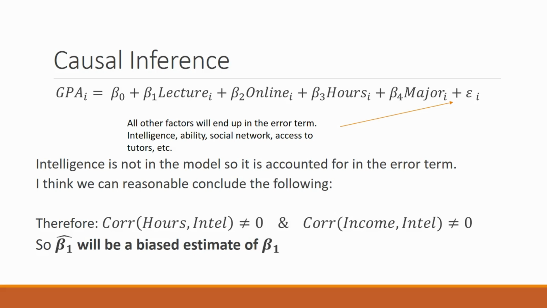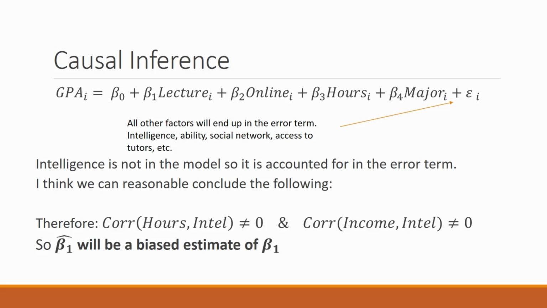It might be that individuals with higher IQ study less because they need to study less. Or it might be they study more because they know the importance of studying and they're able to digest a lot of information, so they spend more hours studying. Either way, I think there will be a correlation. The same thing with GPA. Students that have a higher IQ will probably have an easier time getting a higher GPA.